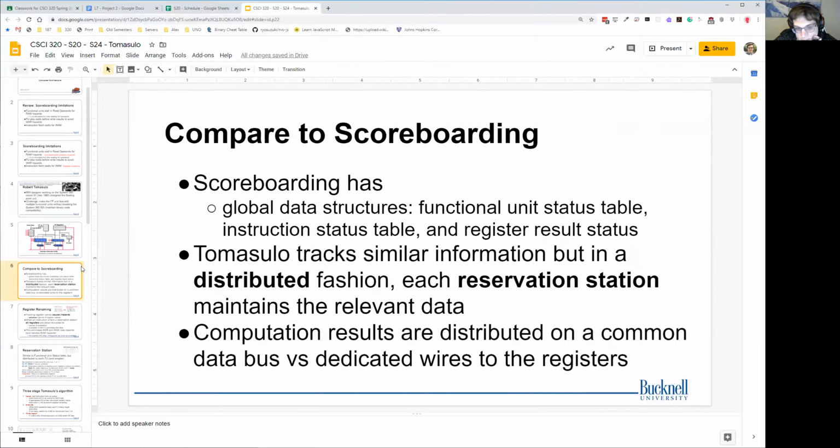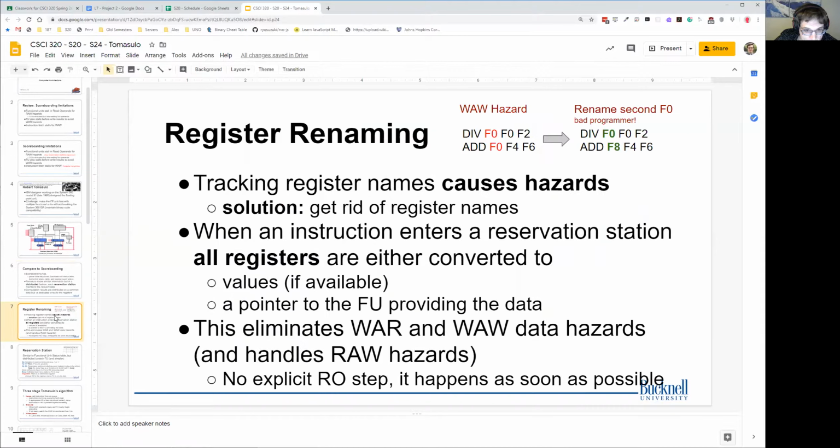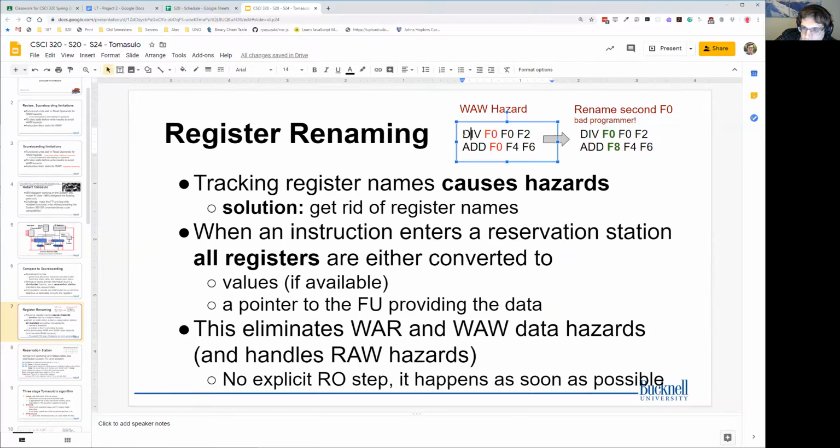Yeah, so what happened to that register renaming? How does this work? Now, basically what we want to do is when we have an operation such as here, a division and then an addition, and both of those write the same register.